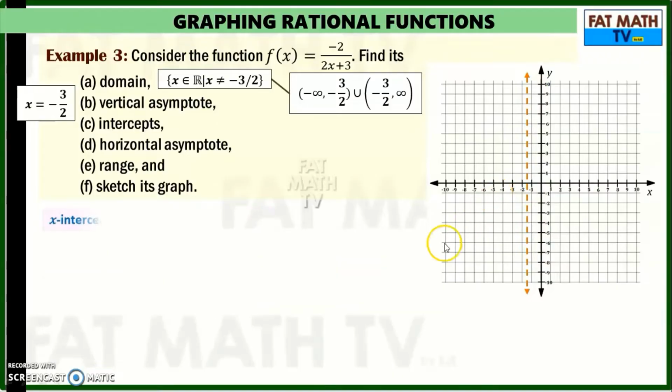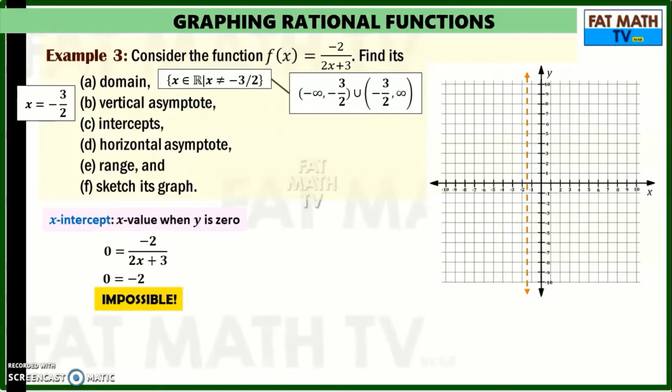For the intercepts, for the x-intercept, make y 0. So 0 equals -2 over 2x plus 3. Multiplying both sides by 2x plus 3, you will get 0 equals -2. Can 0 be equal to -2? Of course not. So that is impossible.